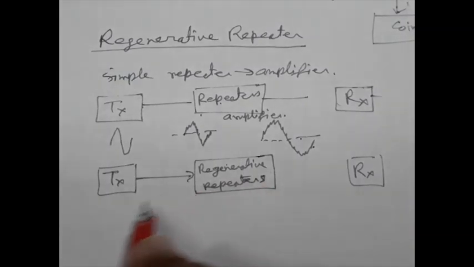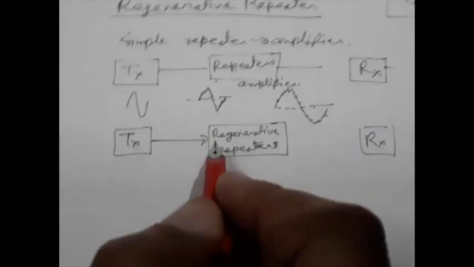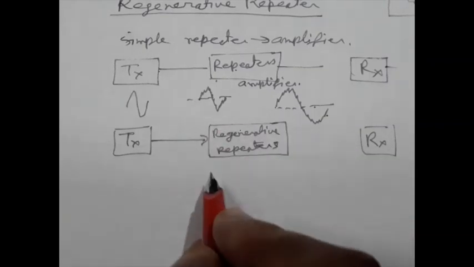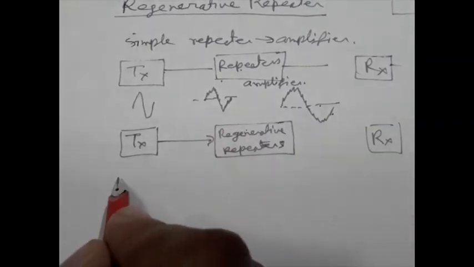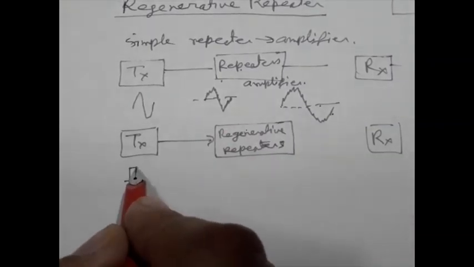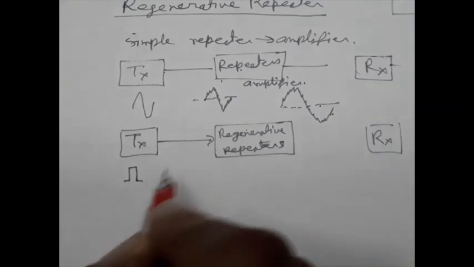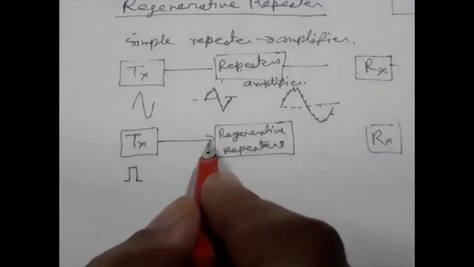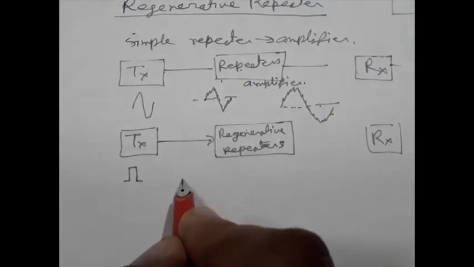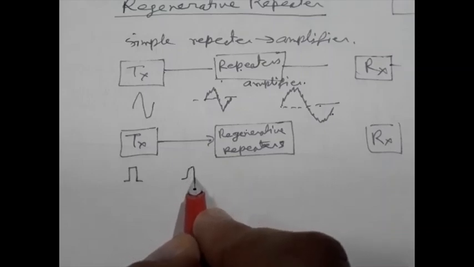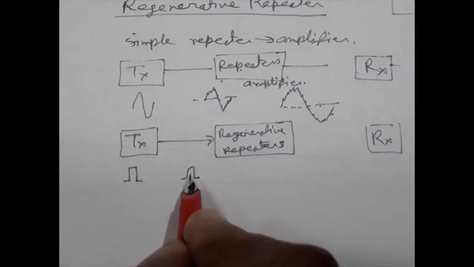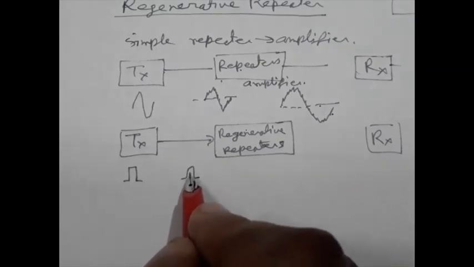Regeneration means it will generate completely new data. At the transmitter, if we have highly defined pulses, after traversing a certain distance that defined pulse is now distorted, maybe because of noise or whatever it may be.